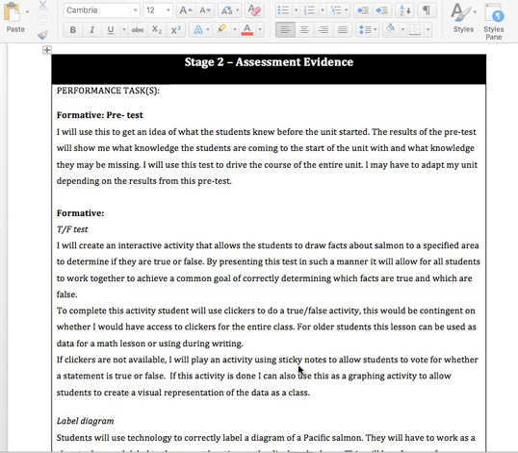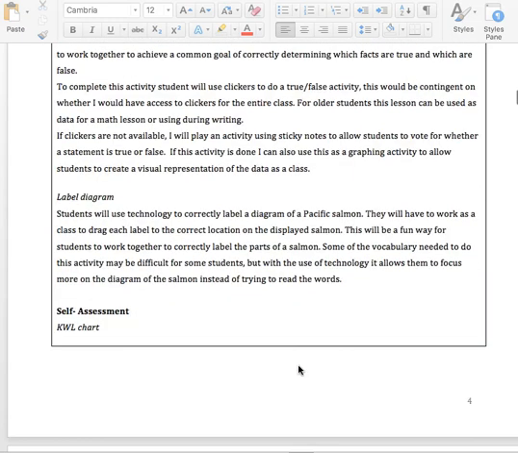This will be done with clickers to incorporate the technology piece, and the information gathered from the clicker responses will be used as an extension for graphing or percentages for older students, and then as a topic for a writing activity.